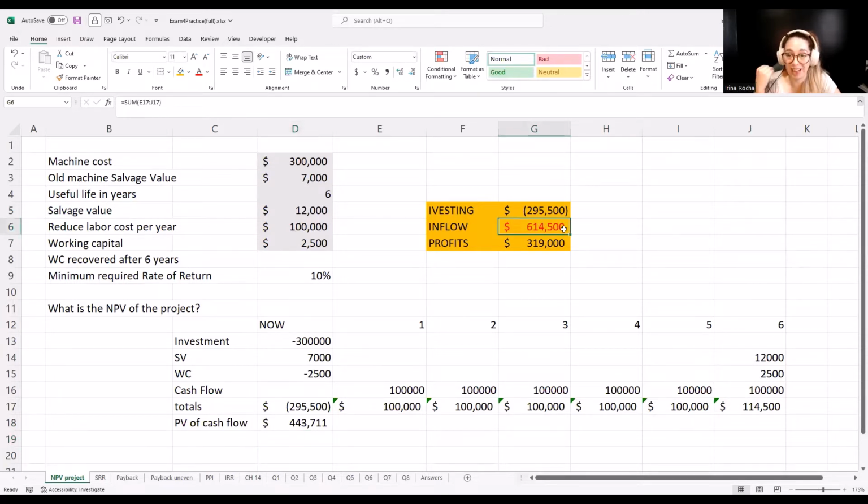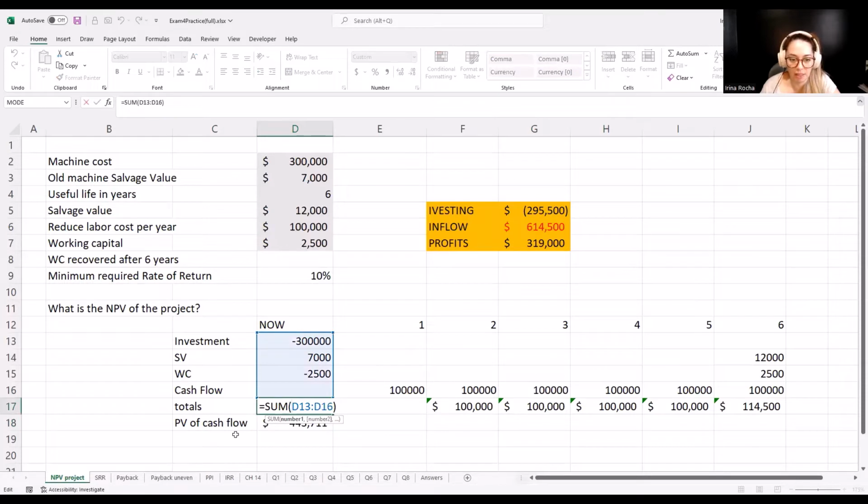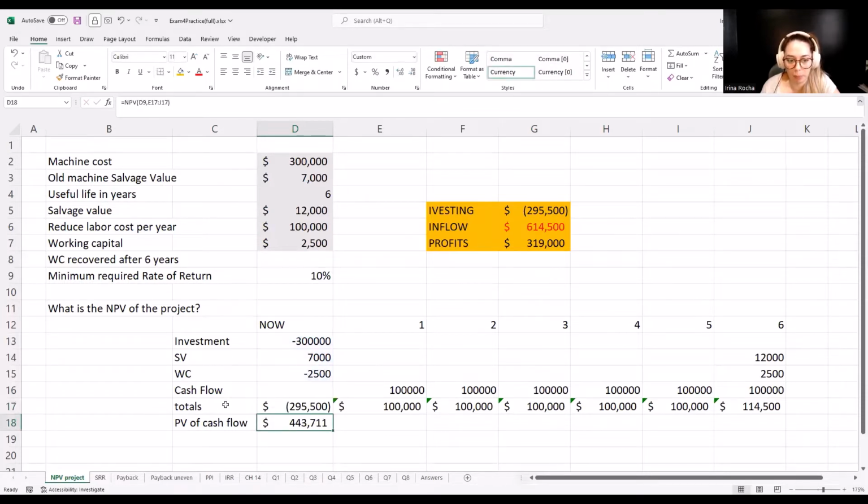It means that the $614,500 that I'm going to get in the future, because of this rate, is worth only $443,000 today. So that's completely a present value, it's in my pocket now, right? I'm going to get $443,000 in today's money.